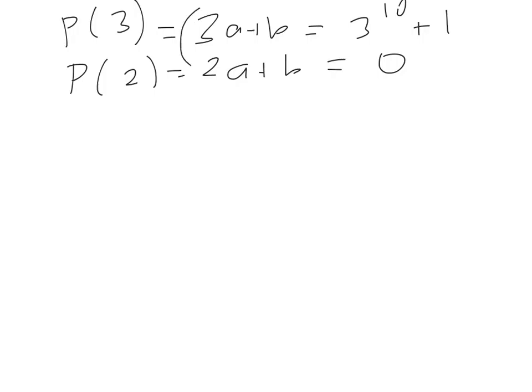So it looks like we have a simultaneous equation of two variables. So how can we solve this?